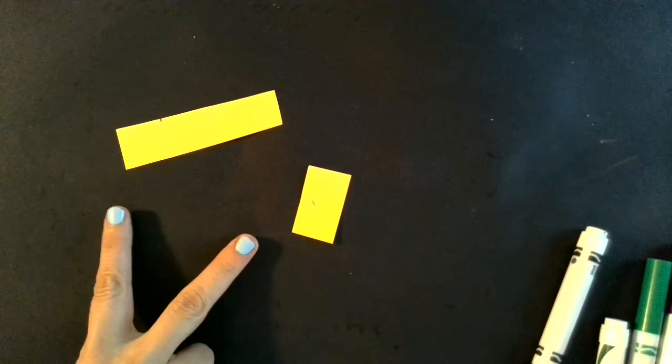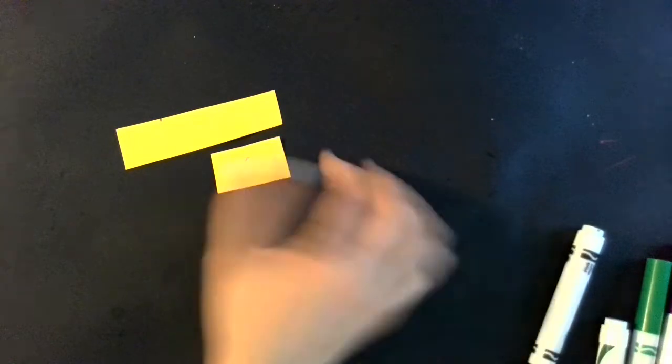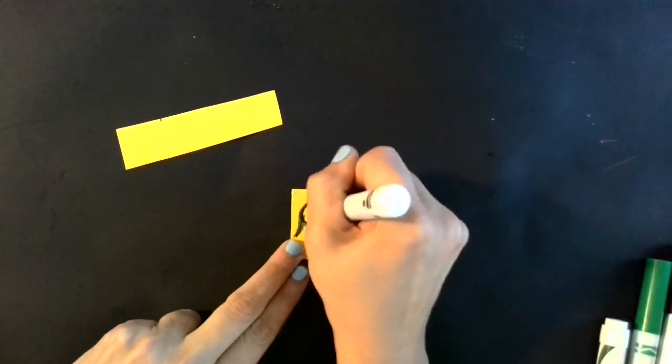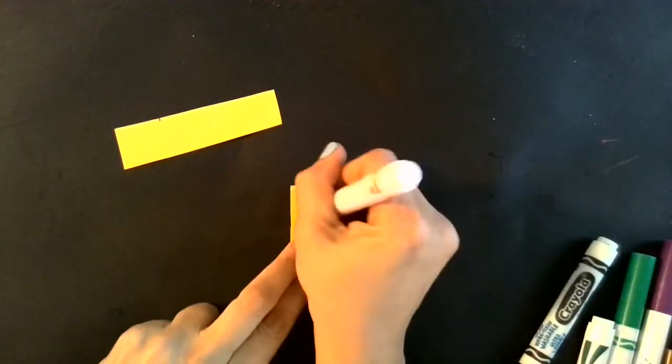You will need 2 rectangles, a long one and a short one. On the short rectangle, you will draw a picture of your game piece.